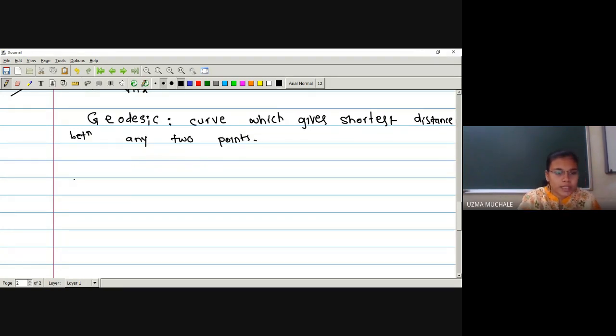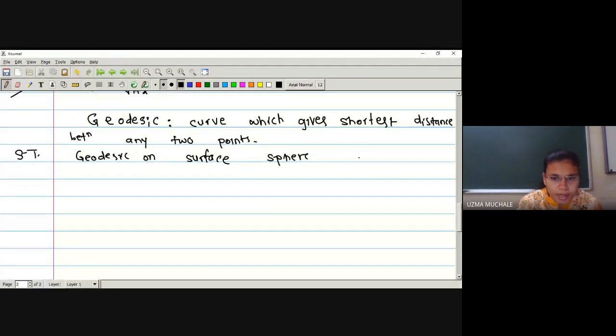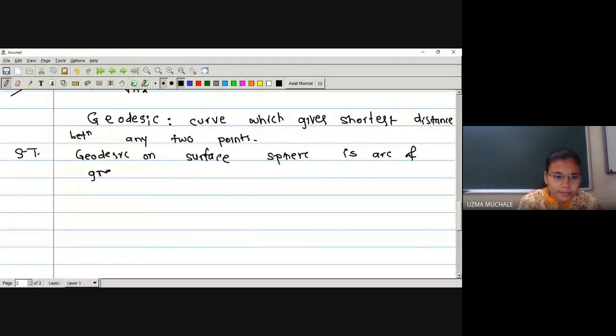Okay. Now what is the next example? We have to show that the geodesy on the surface of a sphere is an arc of a great circle.